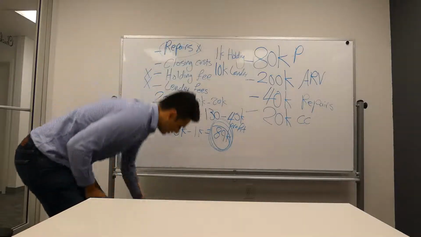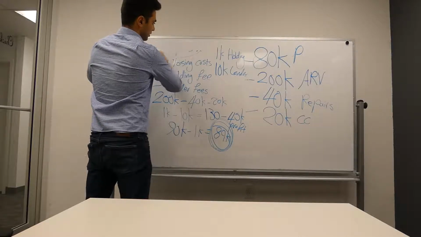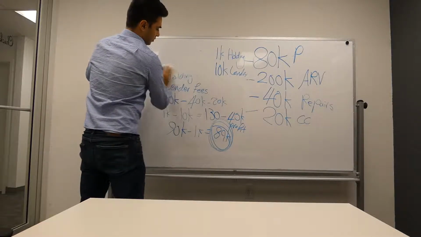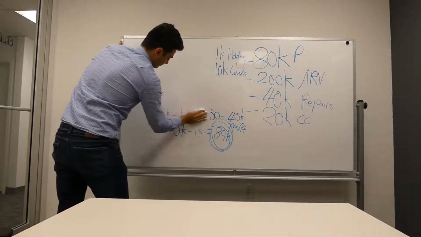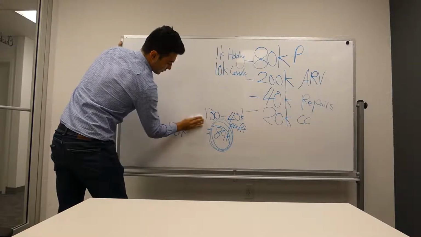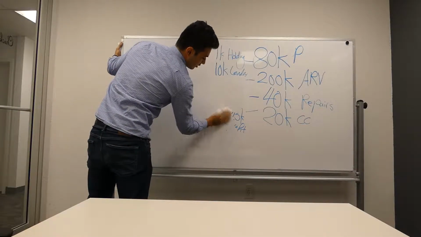Another thing I wanted to add to this is that if you're a real estate wholesaler and you're trying to wholesale this house to a cash buyer or to an end buyer, you have an extra step in this, and that would be your assignment fee.